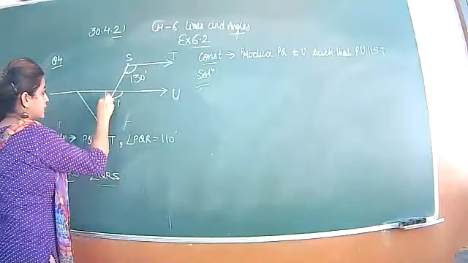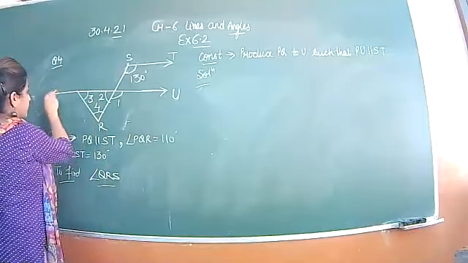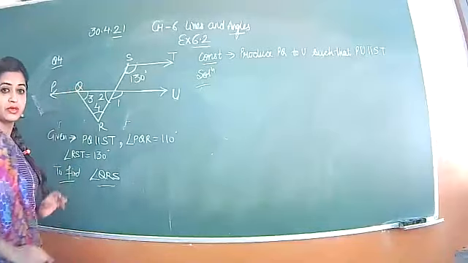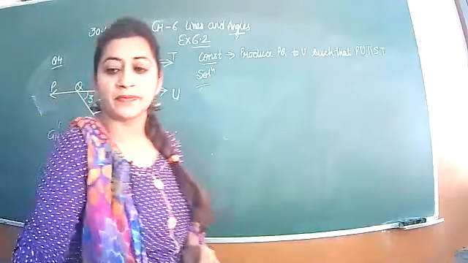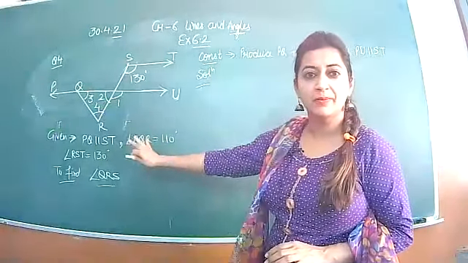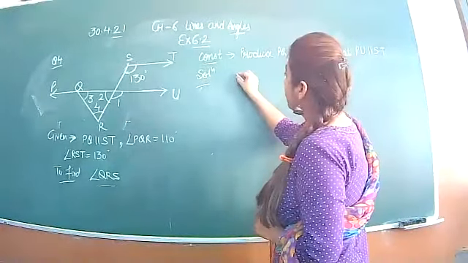Angle 1, 2, 3, 4. Is it okay? Are the names visible, numbers visible? Now, let's start with the solution.